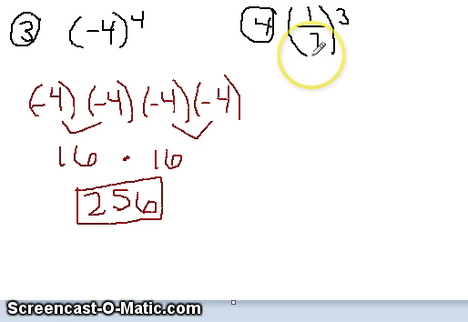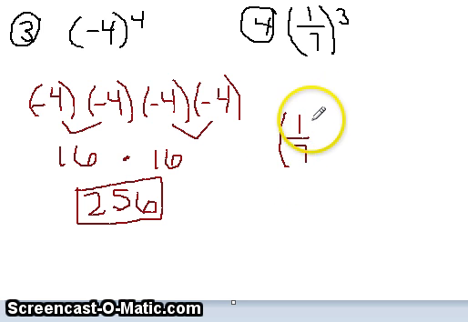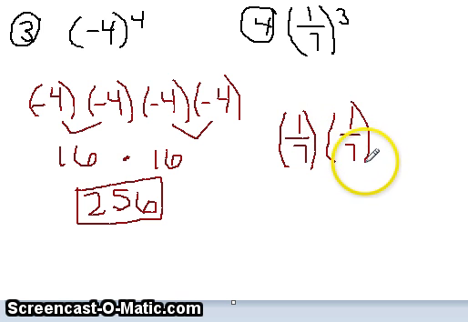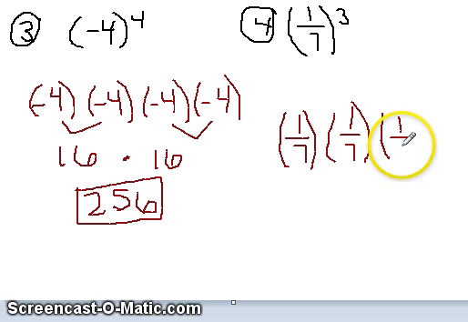Number 4 has a fraction inside as a base, which again, whatever's inside parentheses or whatever your base is, it just means multiply that, whether it's a fraction, a decimal, a negative number, multiply that however many times the exponent is telling you to. So if I were to rewrite this, it's going to be 1/7 times 1/7 times 1/7.